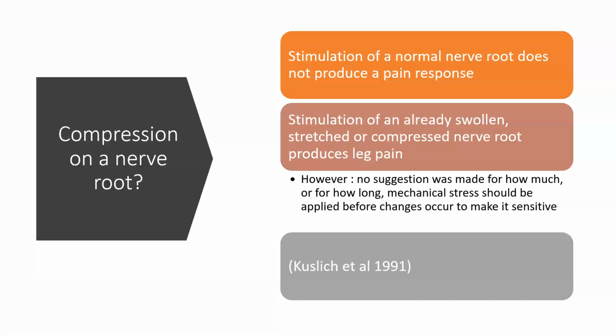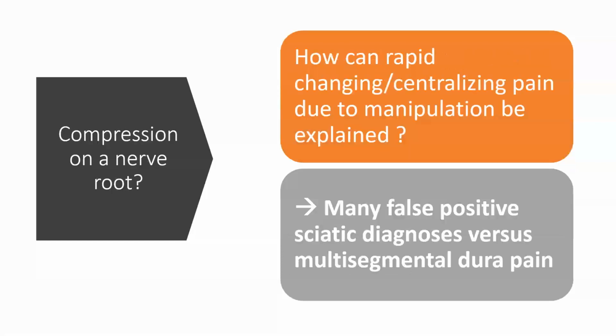This is still a question mark, and another question mark is, how can we then explain rapid centralizing pain due to manipulation? Let's imagine, a patient has radiating pain in the leg, we do some treatment technique, and immediately after the treatment technique the pain in the leg is better. And slowly but surely he gets centralization, he gets back pain and no more leg pain.